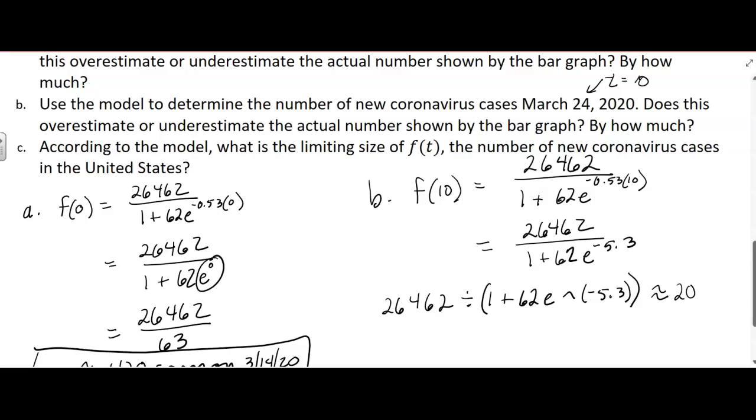I got 20,208, so there were about that many cases in 10 days. Wow, it went from around 420 up to 20,000.